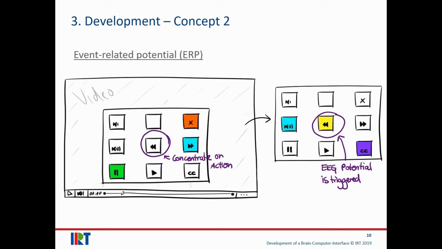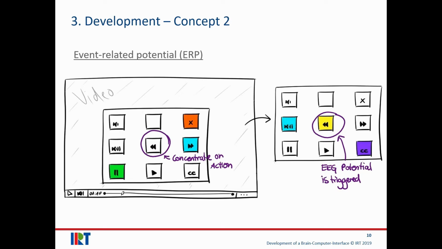The second concept uses event-related potentials. This technique is one of the first techniques developed that uses visual stimulation to trigger specific EEG signals. One of the most famous BCI applications using this technique is the so-called P300 speller, which can be used to actually type.